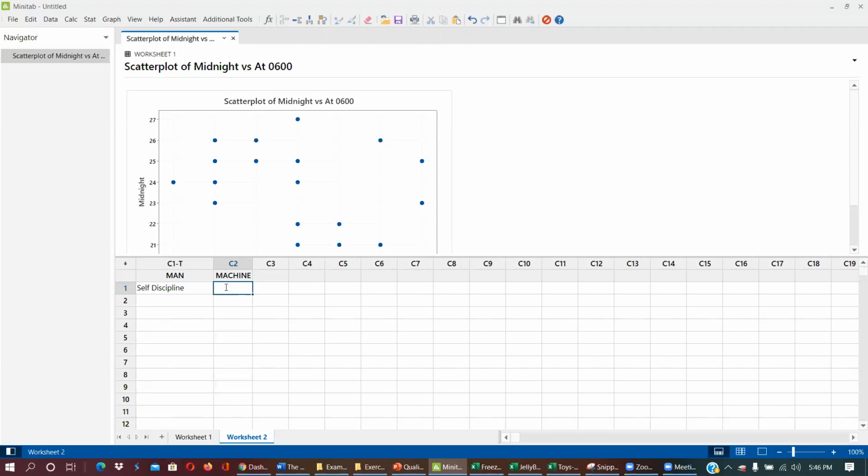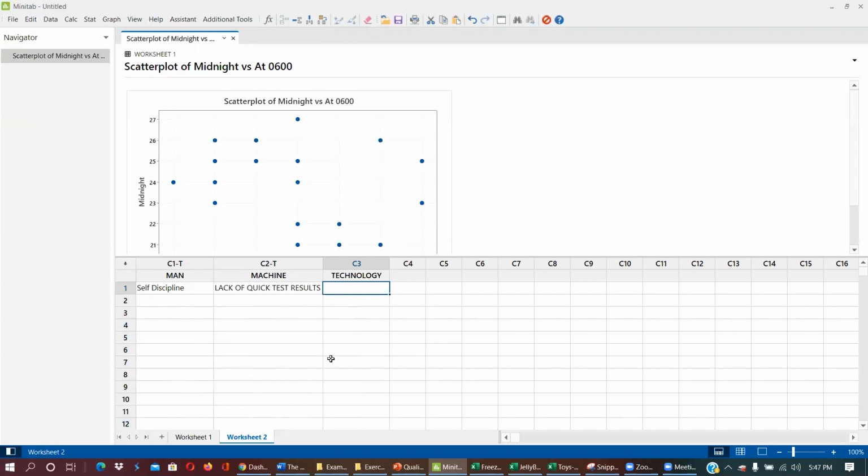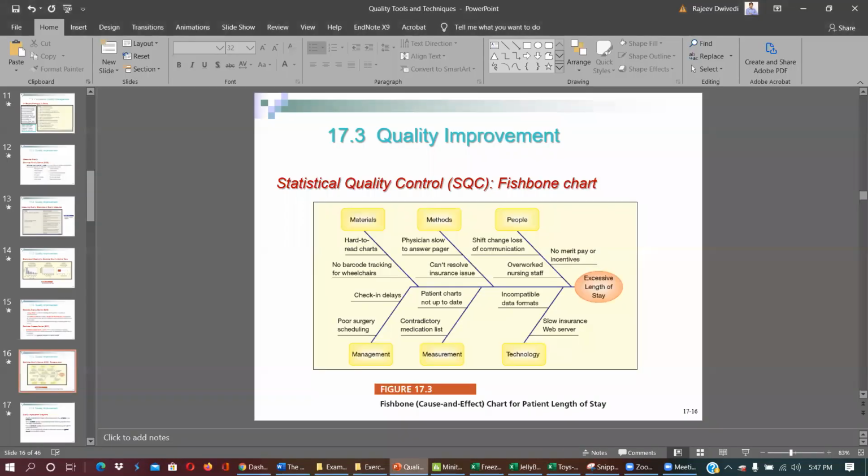Or a better way to frame it: lack of quick test results. And technology. You can list down all the causes under each column.